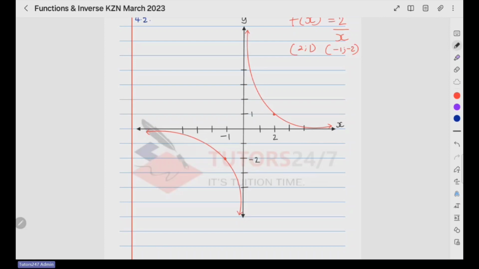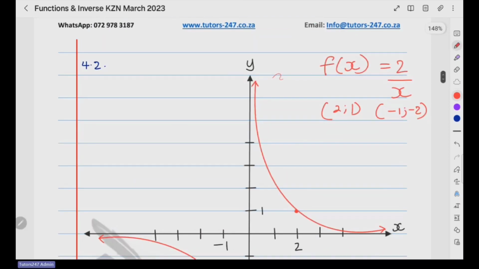Now that we've drawn our function f(x), we can now go and label it as f. So we can get rid of this information. It is no longer needed.